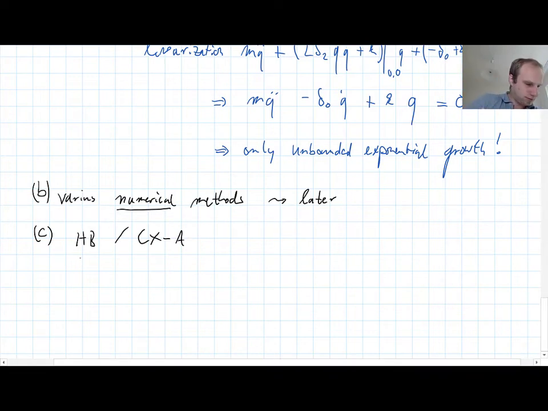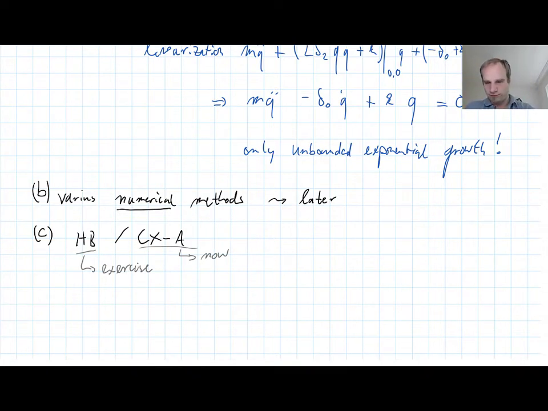Harmonic balance for treating self-excited oscillations will be part of an exercise, while complexification averaging will be what we do now. Of course, CXA degenerates into harmonic balance if we are only interested in the steady state oscillations.